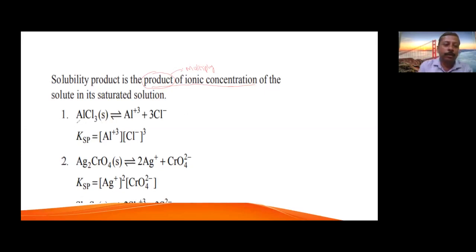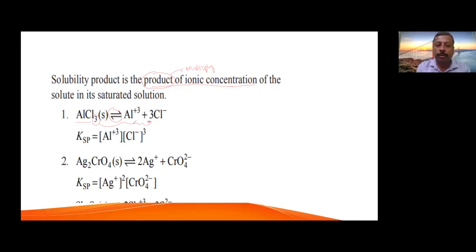So AlCl3 is sparingly soluble. We can confirm by the reversible arrow used over here. 1 mole of AlCl3 will liberate 1 mole of Al3+. At the same time, it will liberate 3 moles of Cl minus. You should make sure, because this is going to affect our complete calculation. One small mistake, and it is going to affect your complete score.